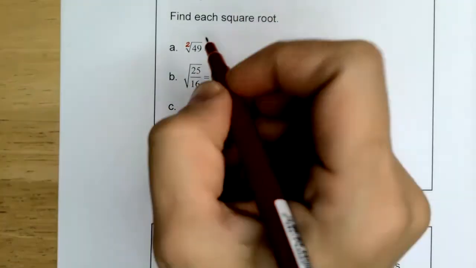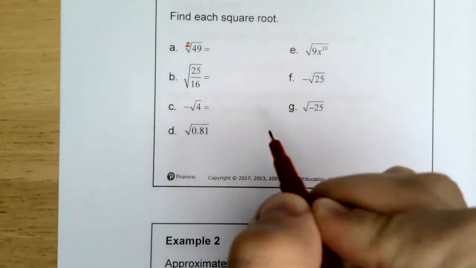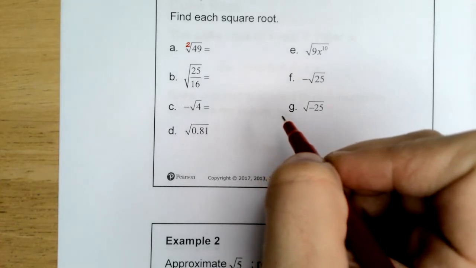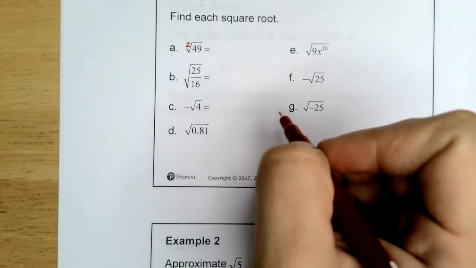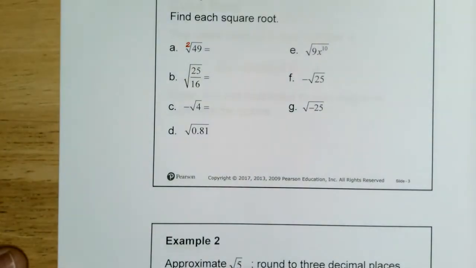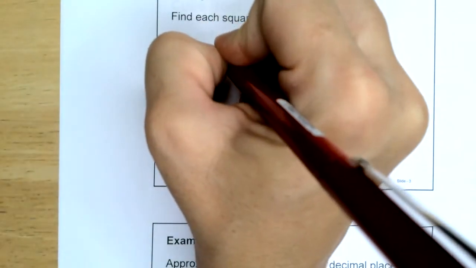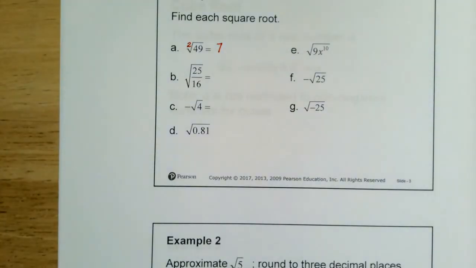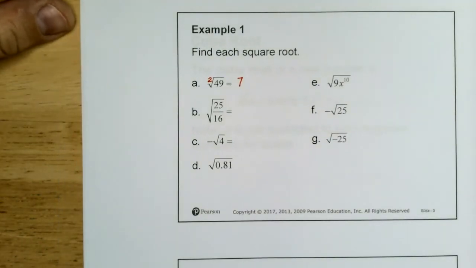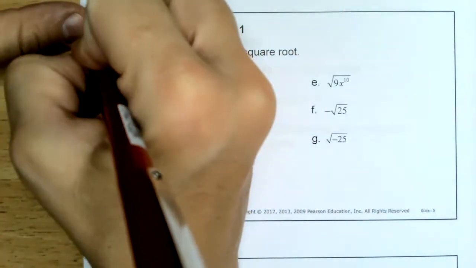Good? So we call it the square root of 49. It means a number times itself equals 49, or a number squared is 49, right? So what times what equals 49? 7, right? Because 7 times 7 is 49. I'm going to use factor trees. You are welcome to use your calculator, there's nothing wrong with that, right?